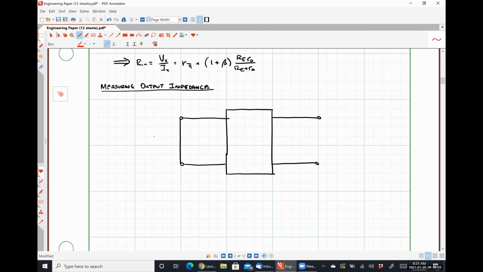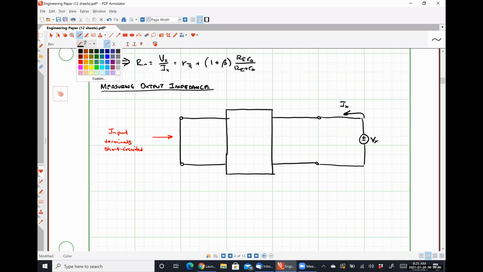So let me make a note of that. Then I am going to apply my test voltage across the output terminals and measure the current flowing in, where my output resistance is defined as R out equal to Vx divided by Ix.